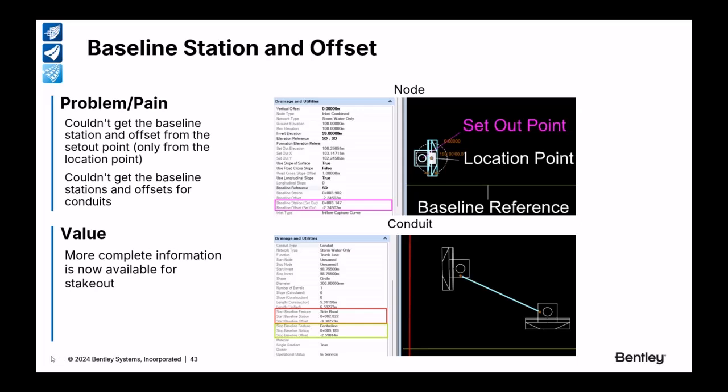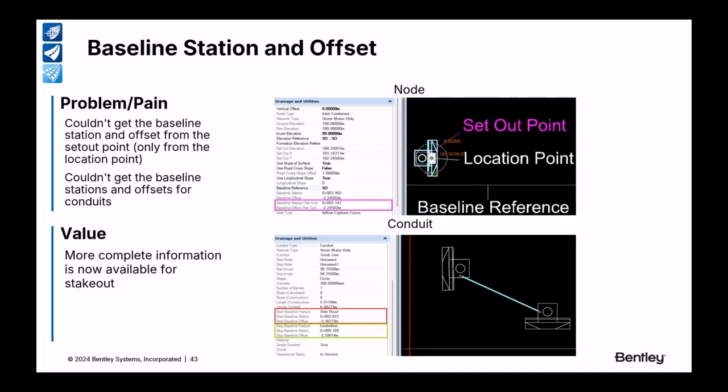So this first one is probably really to do with setting out information. There was some feedback. People were saying, I can get the baseline, station and offset, so maybe a road center line, for example, from the location point of the node. That's the point that a node is rotated about.